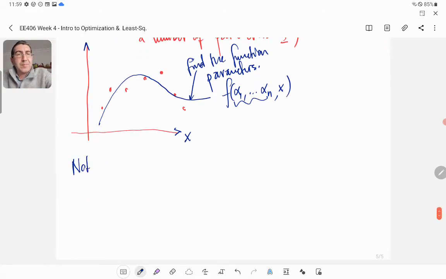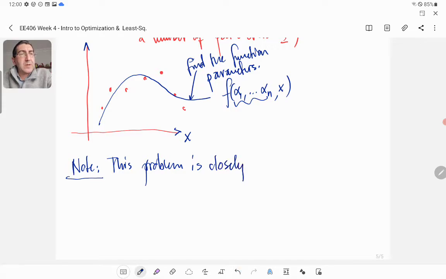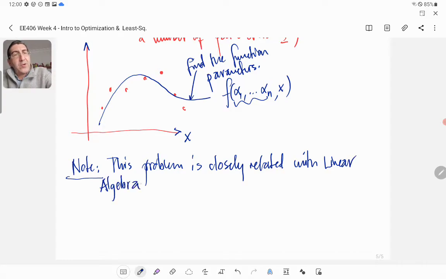Note, and I'm going to exemplify that in a minute, this problem is closely related with basic linear algebra, where you have vectors and matrices, okay?